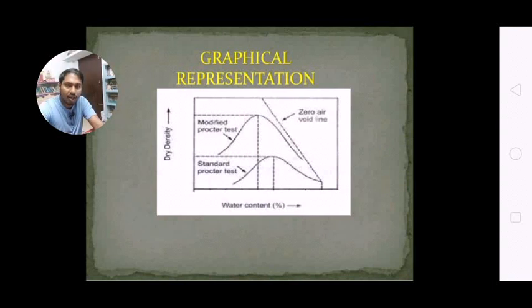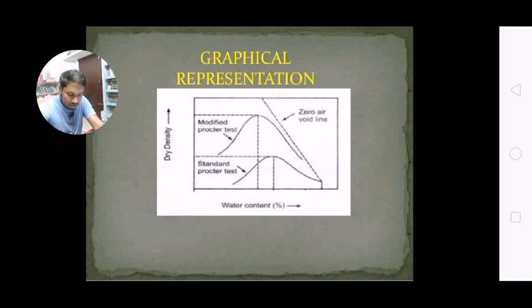Consolidation is a gradual process of reduction of volume under saturated static load, whereas compaction is a rapid process of reduction of volume by mechanical means such as roller, tamping, vibration, etc.